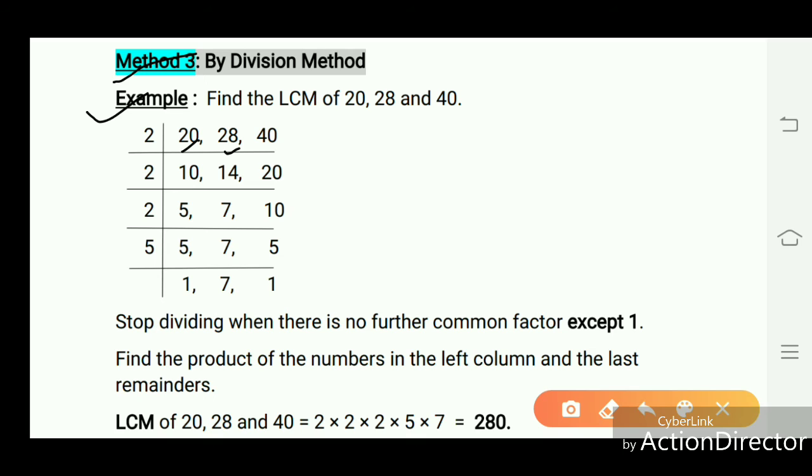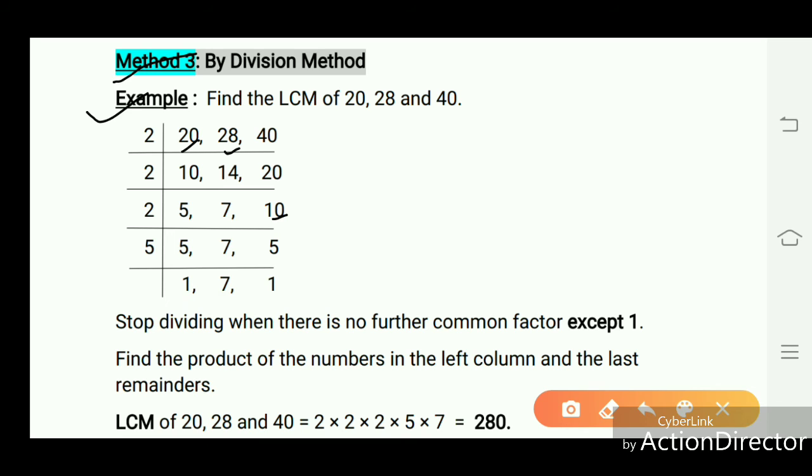Again we divide 10, 14 and 20 by 2. We get 2 5s are 10, 2 7s are 14 and 2 10s are 20. Again we divide this 10 by 2.